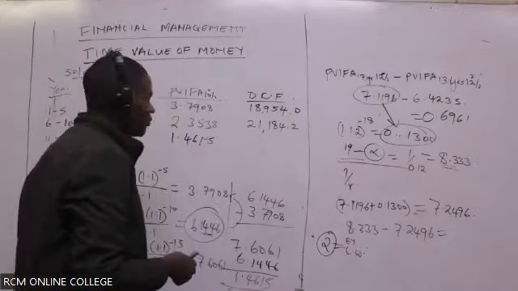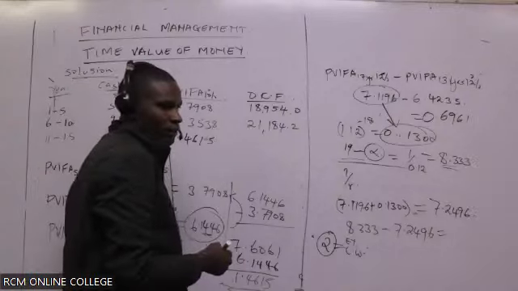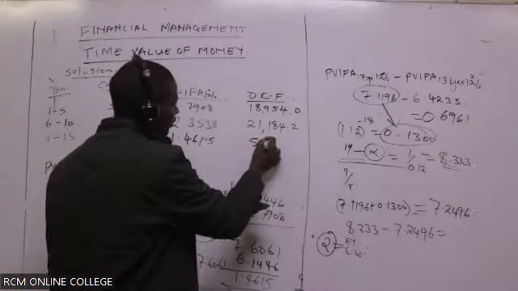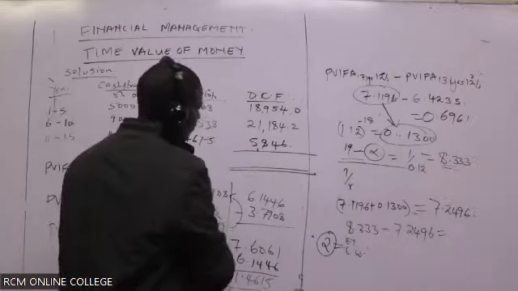The last one is 4,000 times this, 5846. And that's all. We get our total present value.